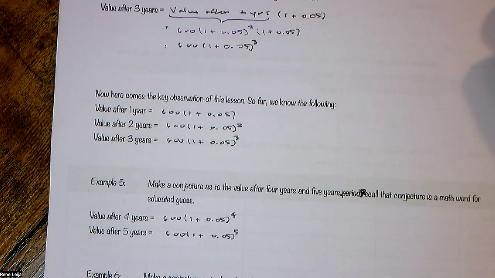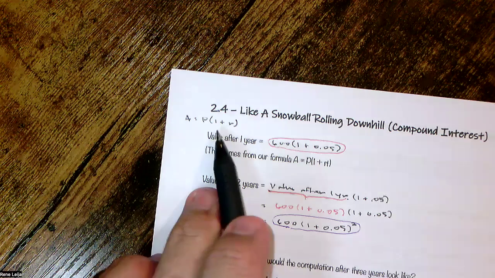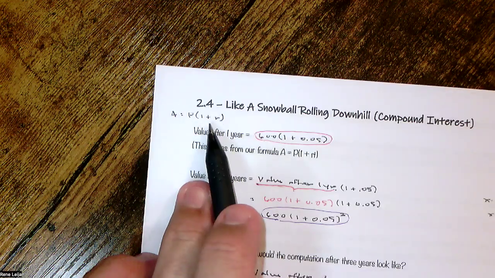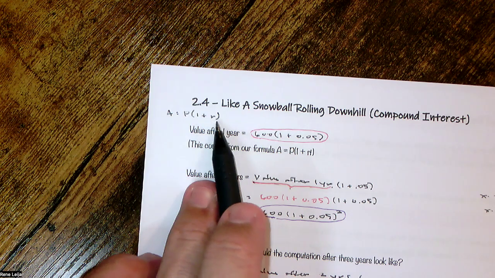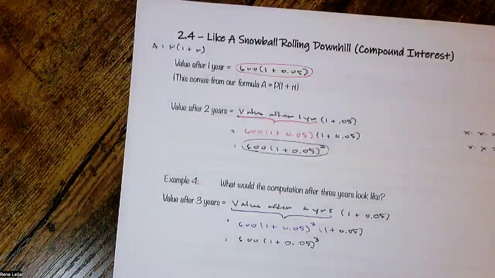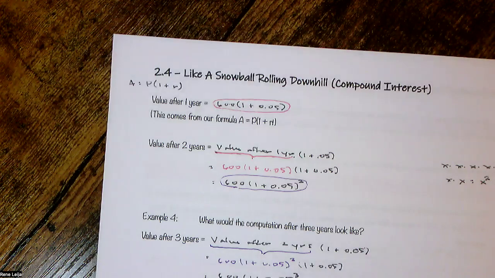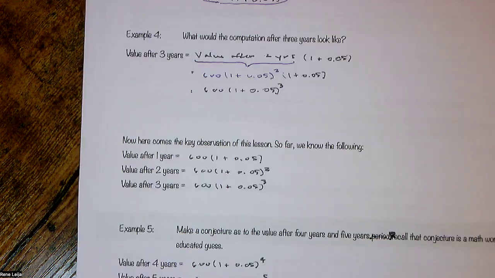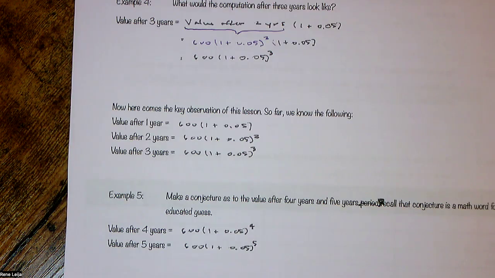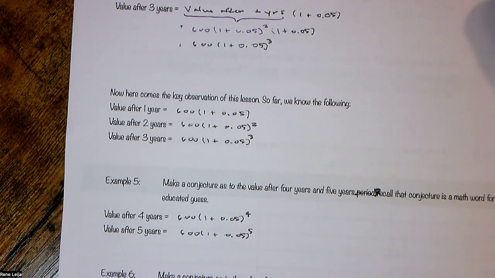And all of this started from the same future value equation that we use for simple interest. The only difference is now, instead of multiplying it by however many years, you are raising it to some power. So that tells us that we now have this pattern that we can use.